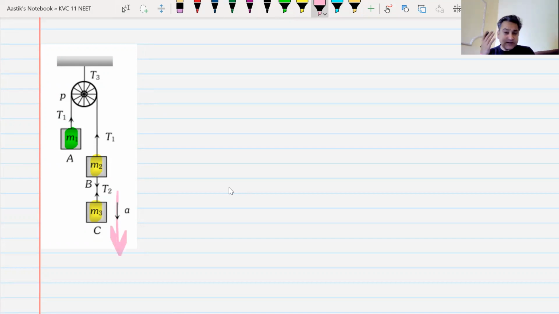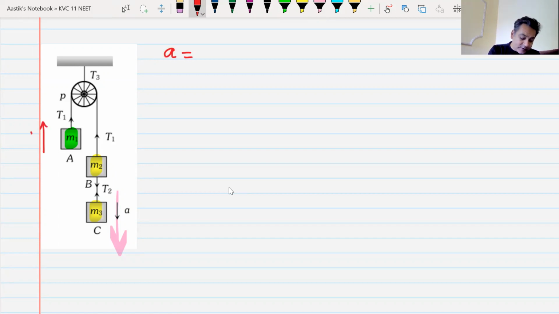That means M2 plus M3 is more than the value of M1. Now looking at the diagram, can you tell me what will be the value of acceleration of this system? This will move down with an acceleration a.